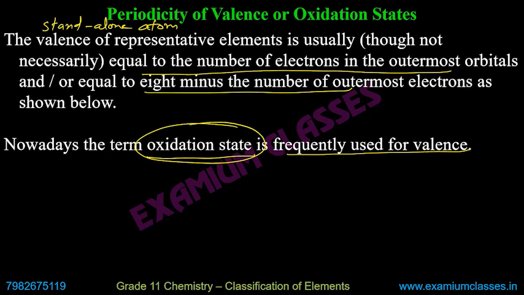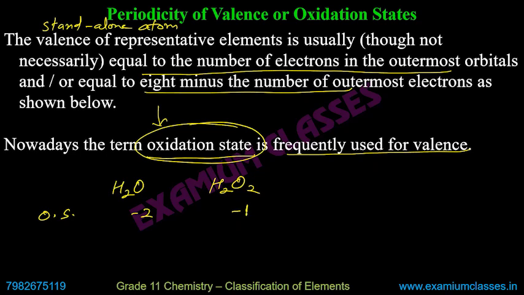For example, if you have H2O and H2O2. In H2O, and more about it we will be talking about in the redox chapter, the valence of oxygen, that is, the oxidation state I am talking about now, is -2. However, in H2O2, it is -1.